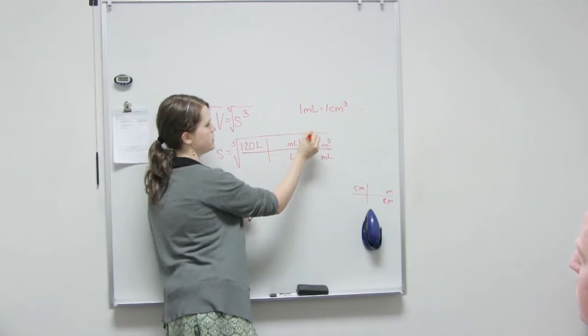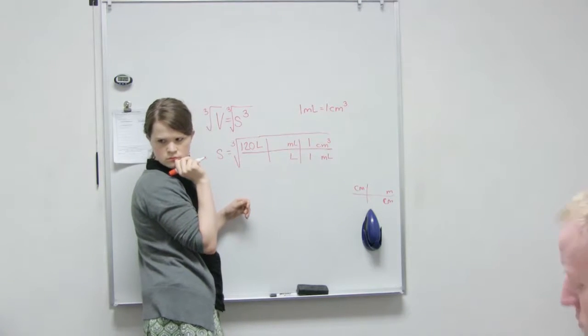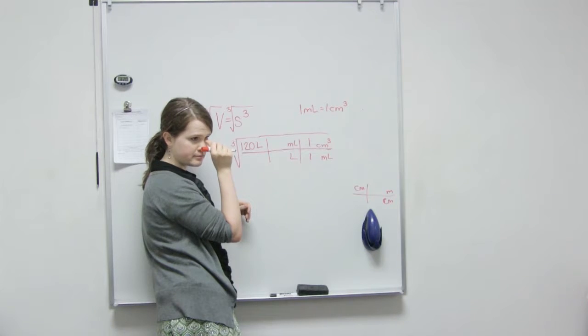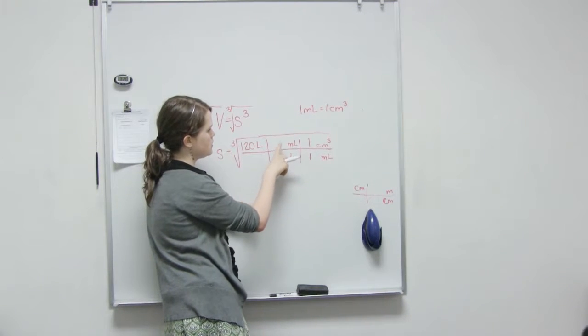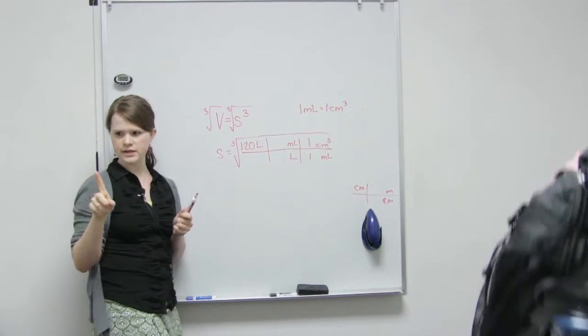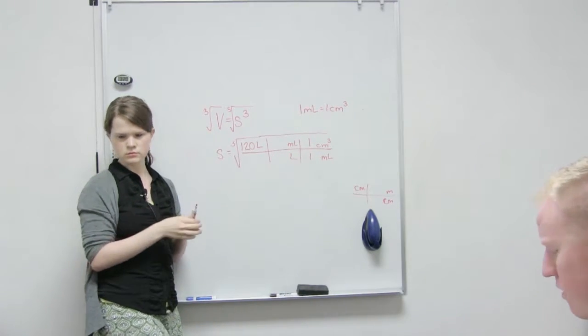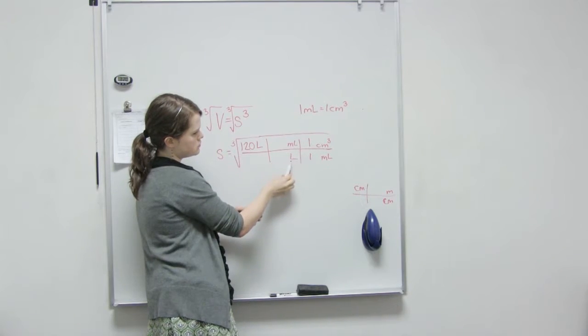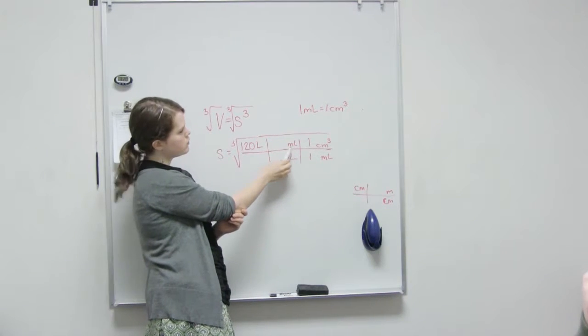Okay, so we know this one is a 1-to-1 ratio. And so we put the 1 by the guy with the SI unit. Like the SI unit guy, he's the base unit.